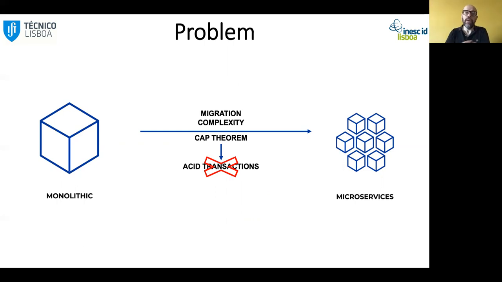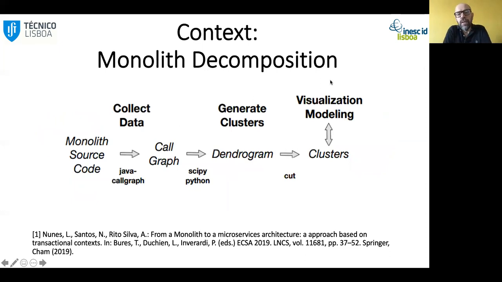Okay. But the complexity, not the technology complexity, but the complexity in the business logic, the impact on the business logic. So this is a work that we have done before on this, and the first one we're going to refer to just to provide some context is an approach that does the automatic identification of what should be the microservices, given a static analysis of the monolith code.